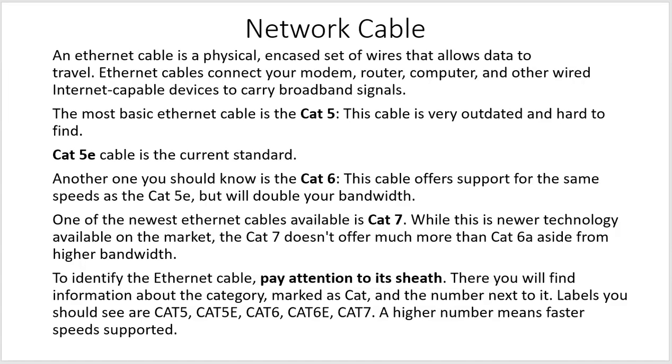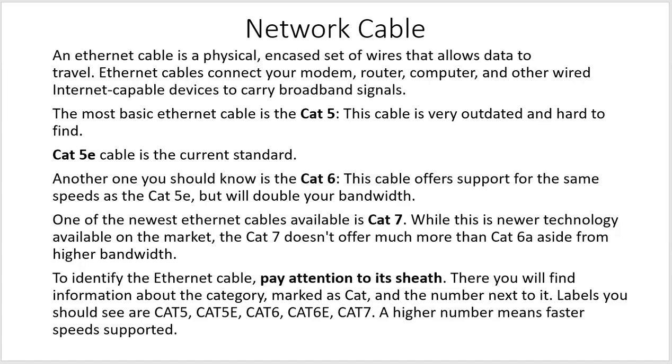An Ethernet cable is a physical case set of wires that allows data to travel. Ethernet cables connect your modem, router, computer, and other wired internet-capable devices to carry broadband signals. The most basic Ethernet cable is the Cat5. This cable is very outdated and hard to find. The Cat5e cable is the current standard.